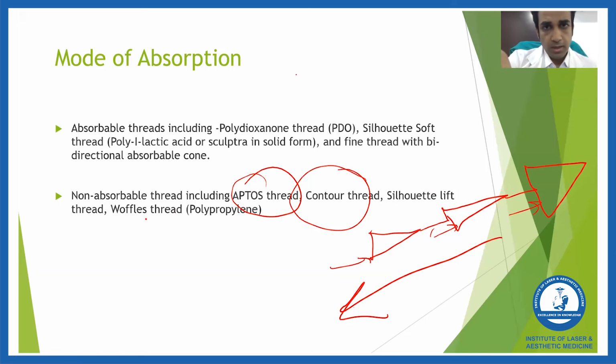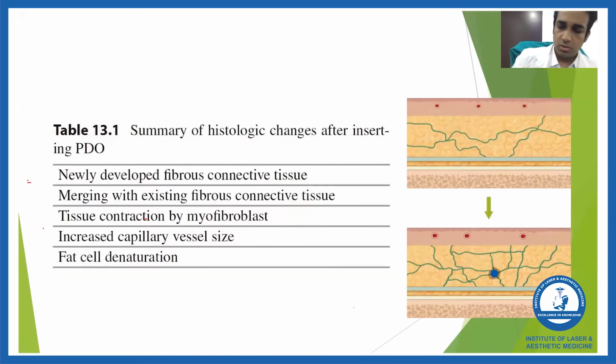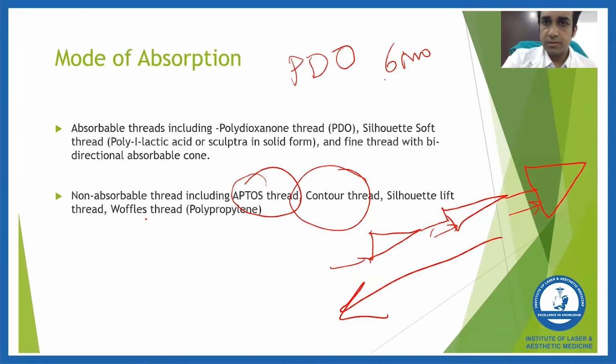So I must tell you, a PDO thread lasts anywhere up to 6 months, right? Just in case you don't remember this, imagine you don't have PDO, you're going to get a supply of 6 months. So you will remember PDO.